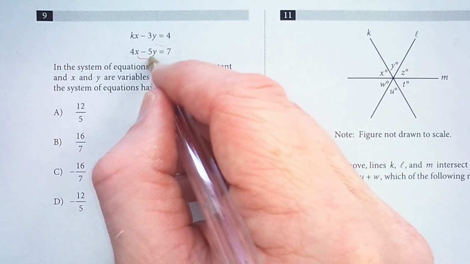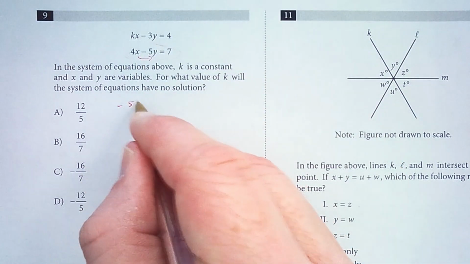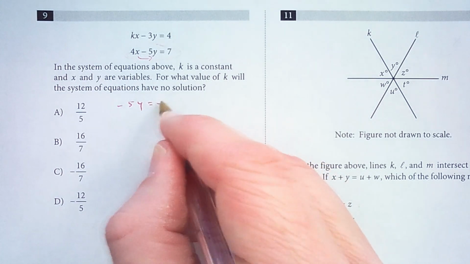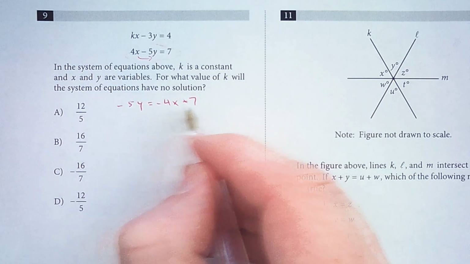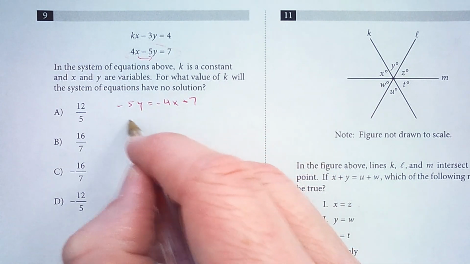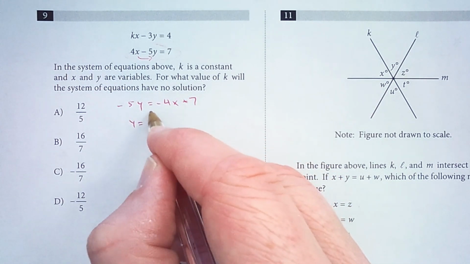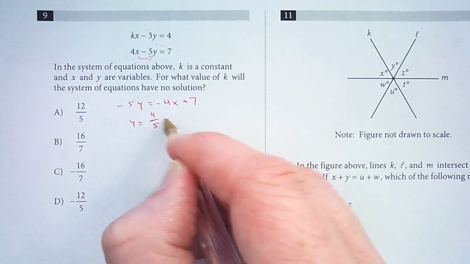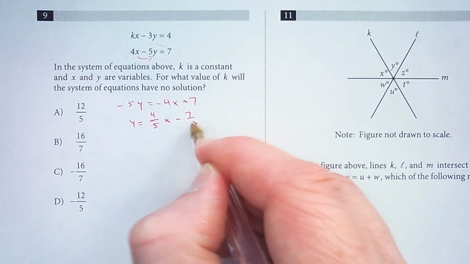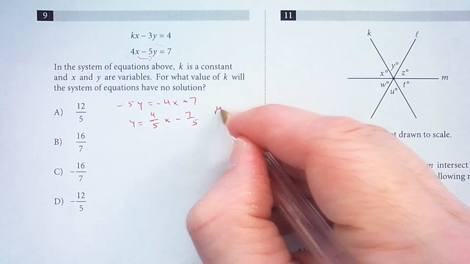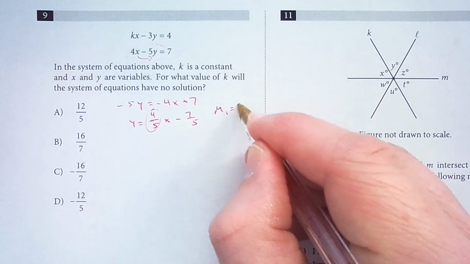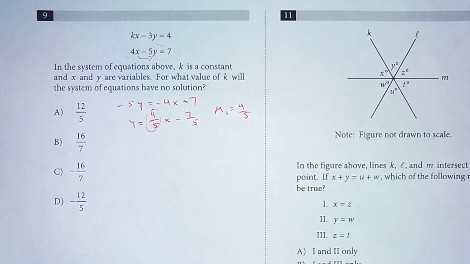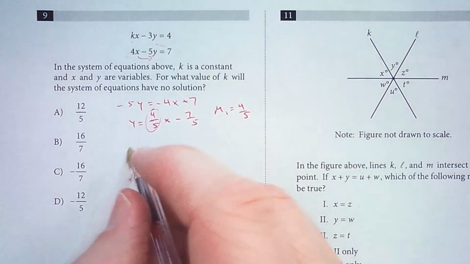Okay, so I'll move this 4x to the other side and get negative 5y equals negative 4x plus 7. And I'll divide everything by negative 5, so y equals positive 4/5 x minus 7/5. Okay, so I'll call this 4/5 slope 1. Slope 1 is 4/5. Now let's find the slope for this line.